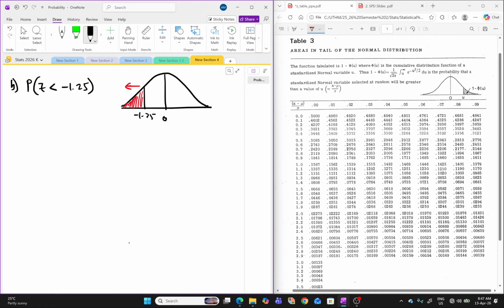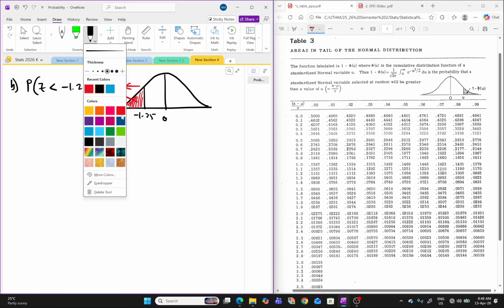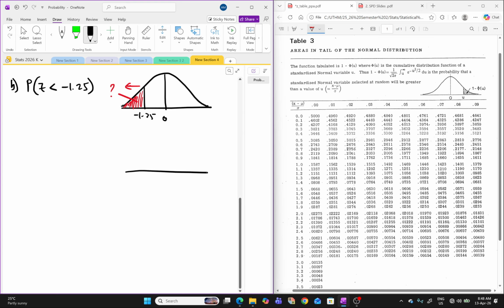We can switch, because the area on this part and this part is the same. Luas dia sama aja. So symmetry.